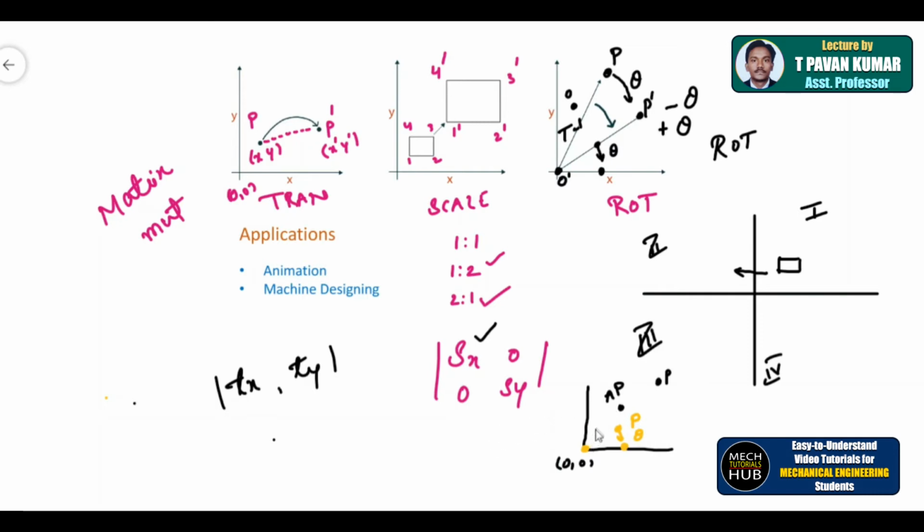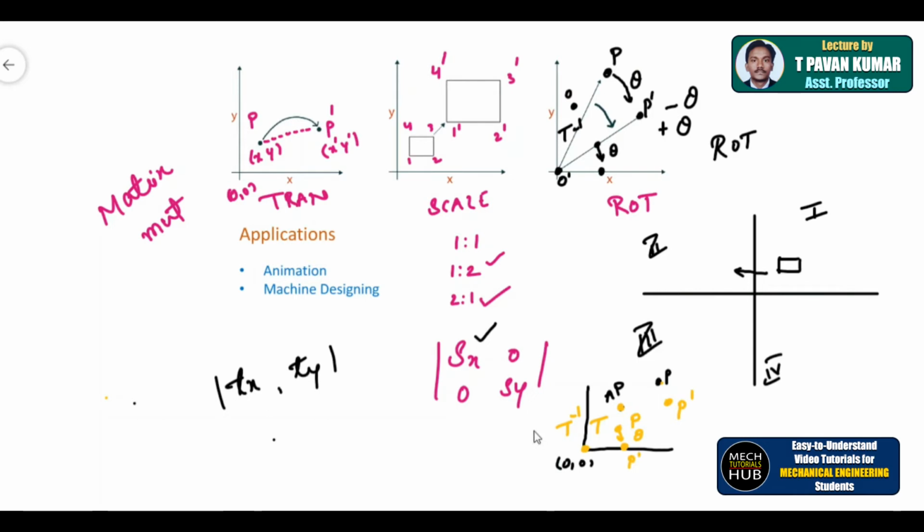Now from here to here I have translated it. After rotation, we need to inverse the translation, so it will go sit here in the original position. After rotation, this becomes P prime, this is the P prime point.